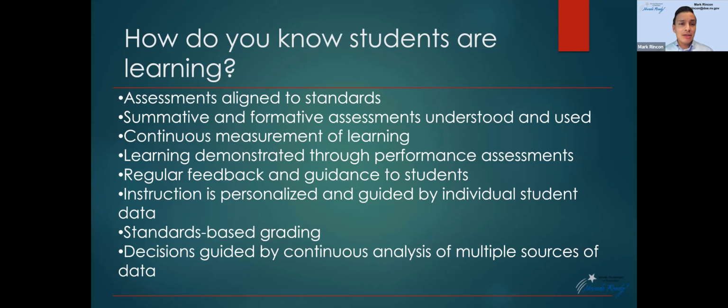Thinking of how we can always have that continuous measurement of learning, always assessing and knowing where our students are at. Learning that's demonstrated through performance assessments, regular feedback and guidance with our students. Again, it's looking through discourse and observing their work.